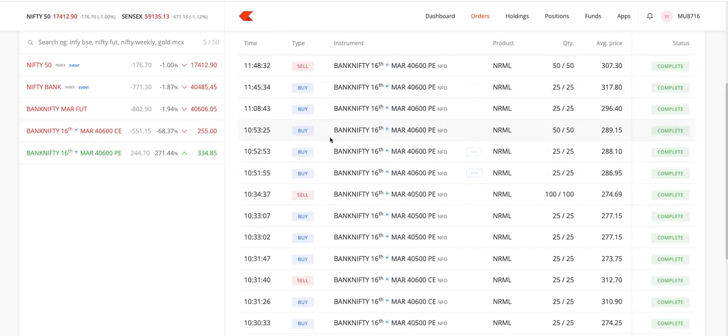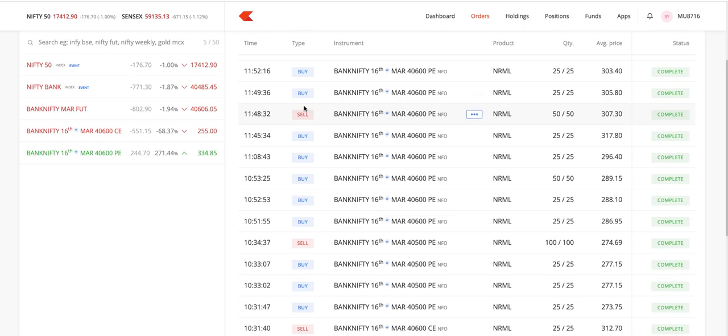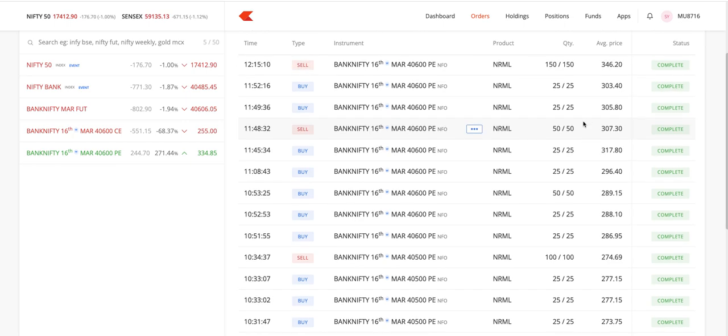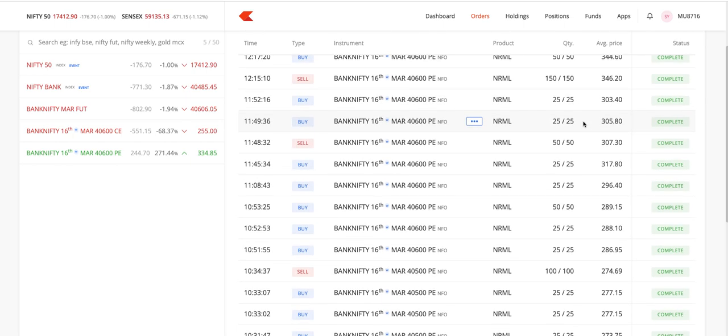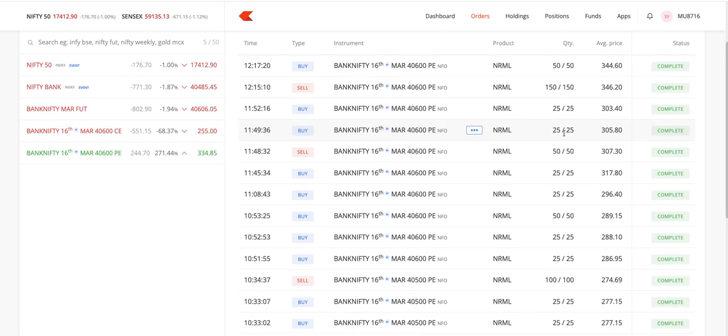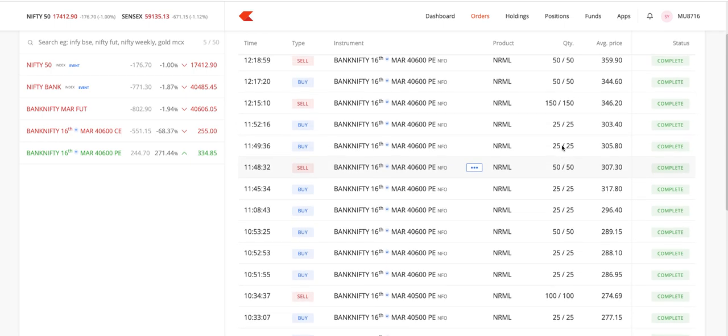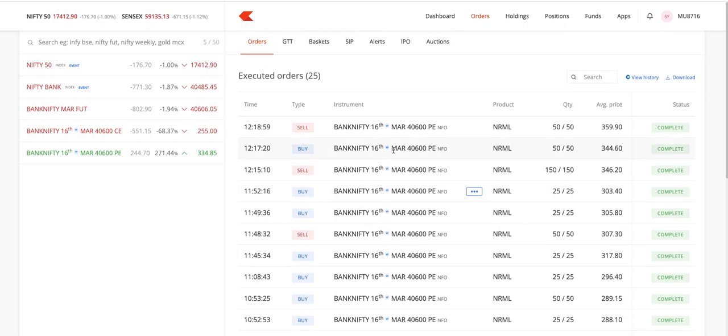If you see here, and then around 10:48 I booked my profits, and then when I saw the market is further moving in my trend, I again bought further, and then finally I sold this 150 shares of this Bank Nifty of March 16th PE.